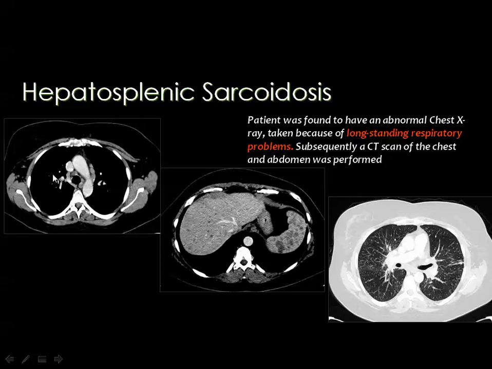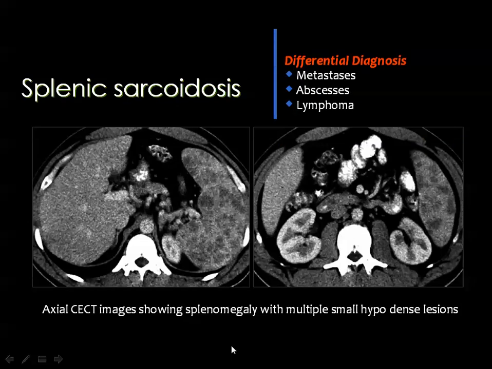Then the presence of lymphadenopathy, especially if the lymph nodes are discrete and homogeneous, as well as the presence of interstitial pulmonary opacities, is suggestive of sarcoid. Sarcoid can also affect the liver and the spleen, and this is one of the causes of a spotted spleen, as I will mention.